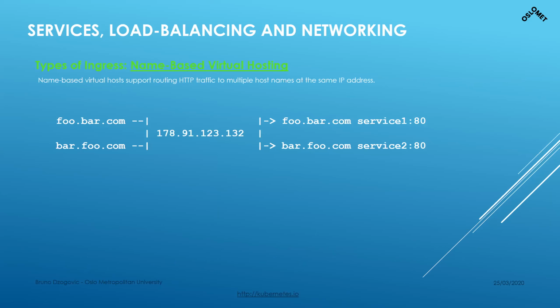Then you have name-based virtual hosting. You can also redirect via names. You can use DNS entries, or you can specify names for the service. Everything coming from outside to this IP address is an HTTP request, and it will be redirected to the same IP address but to a different service.